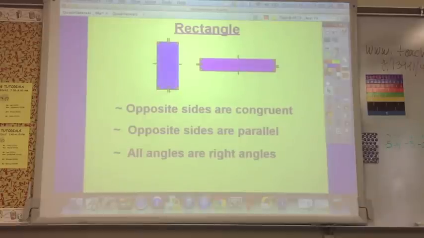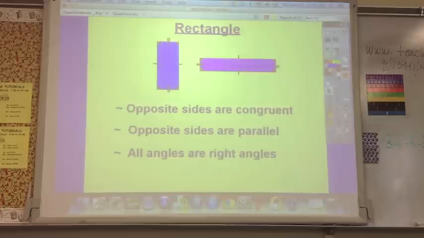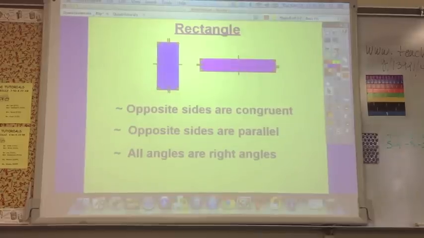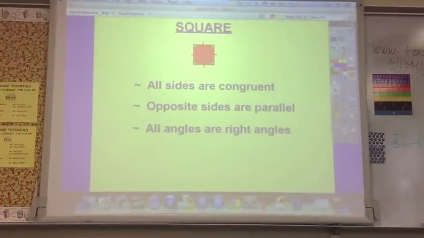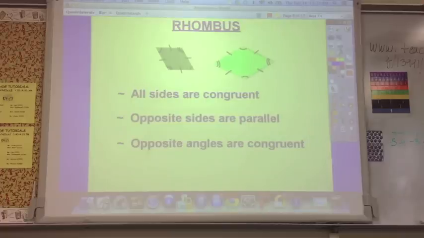And write this down for rectangle. And write this down for square. And write this down for rhombus.